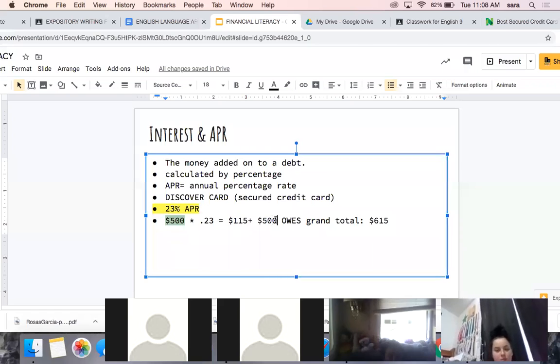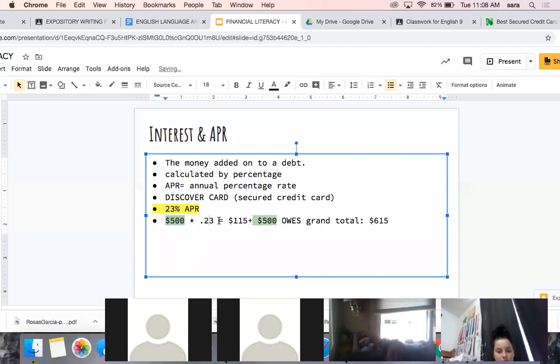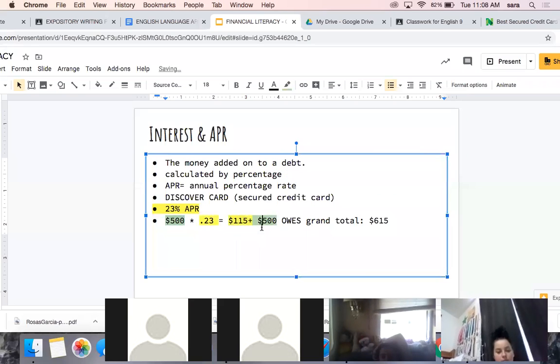I calculated my percentage out of 500, what's 23% of 500, which gave me 115, and I'm going to add that into my debt. And so now my new number is 615.